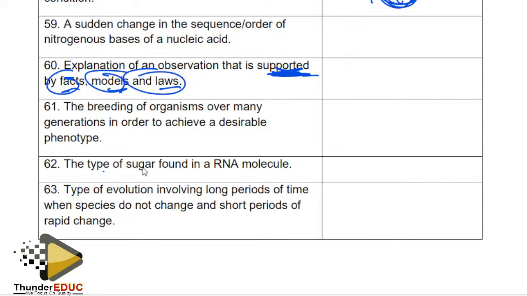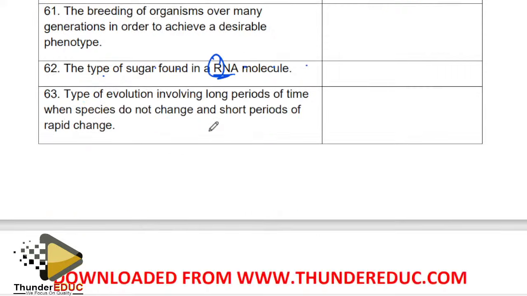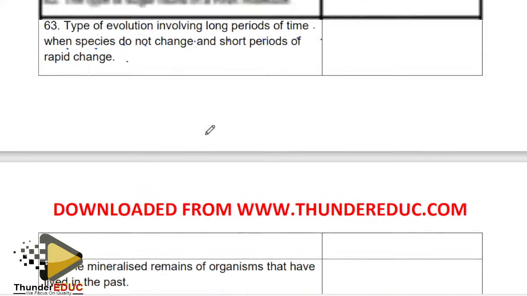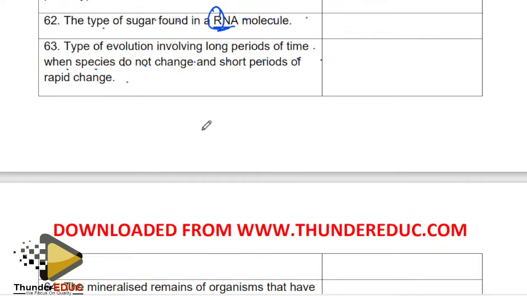The type of sugar found in RNA is ribose sugar. The type of evolution with long periods of time when species do not change and short periods when there is rapid change, we call it punctuated equilibrium.